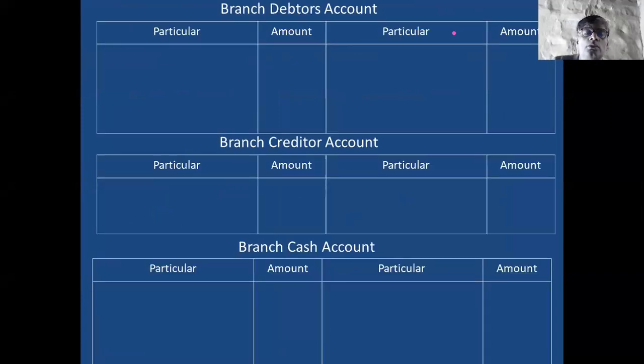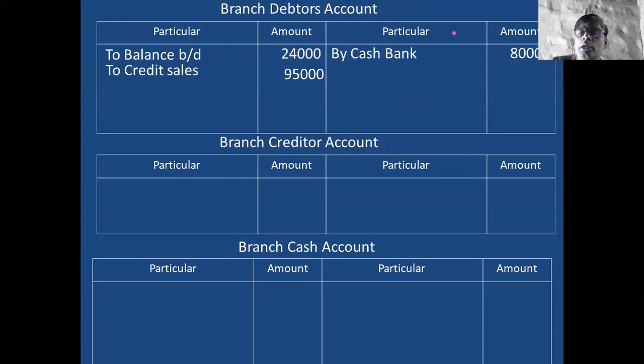Okay. So debtors account: to balance brought down 24,000. Credit sale is 95,000. Then by bank, cash collected is 80,000. This 80,000 you take in the cash book, to debtors 80,000. Single entry, cash from debtors account in the cash book.